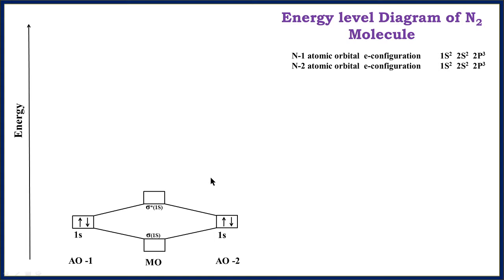First, the first electron will be filled in the lower energy molecular orbital. According to the Aufbau principle, the first electron will be filled in the lower energy level. Next, the second electron will be paired here. Next, the third electron will be filled in the next energy level, that is in sigma star 1s. Next, the fourth electron will be paired with this one.